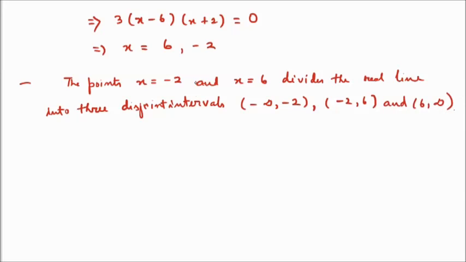What I've written here, if I draw this in a figure, we know our real line is this, this is minus infinity, this is plus infinity. Here let us take my minus 2 point somewhere here and 6 somewhere here. So we have just divided this whole real line into 3 disjoint intervals.